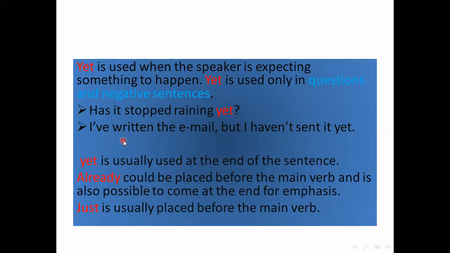Already could be placed before the main verb, and is also possible to come at the end for emphasis. Just is usually placed before the main verb, and is mostly used with affirmative sentences.